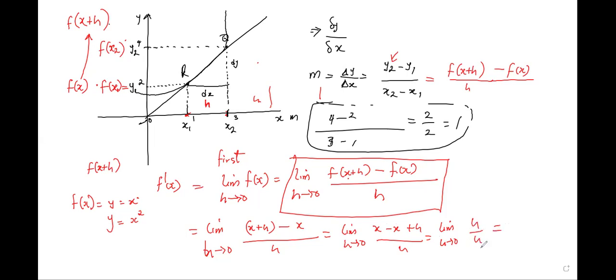And what is h divided by h? One. Fantastic. And that's how we got it: when you differentiate x, you get 1. Are you getting it from the first principle? Good.